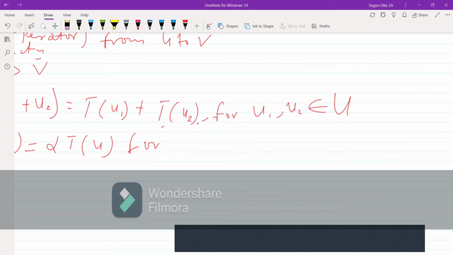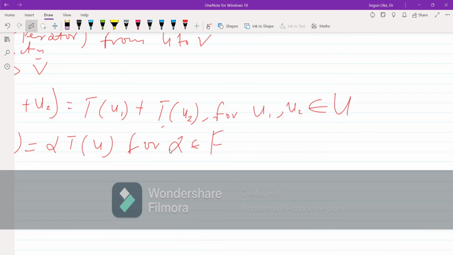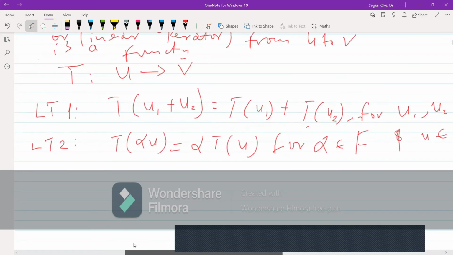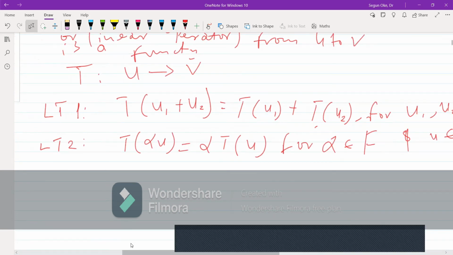So it's going to be alpha for alpha belongs to the field, capital F, and our small u belongs to capital U. We should take note of this condition.